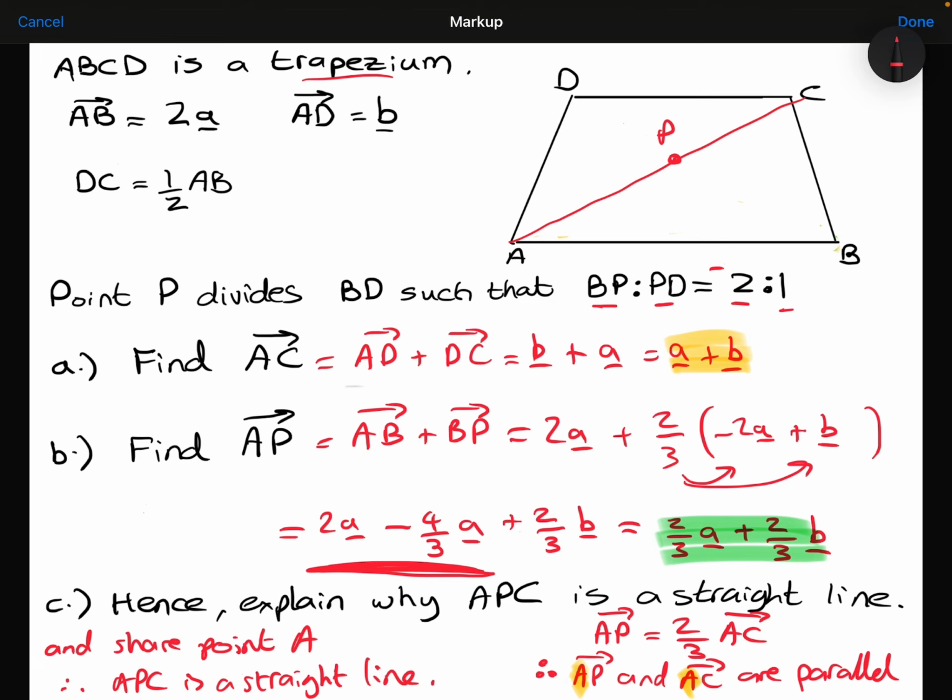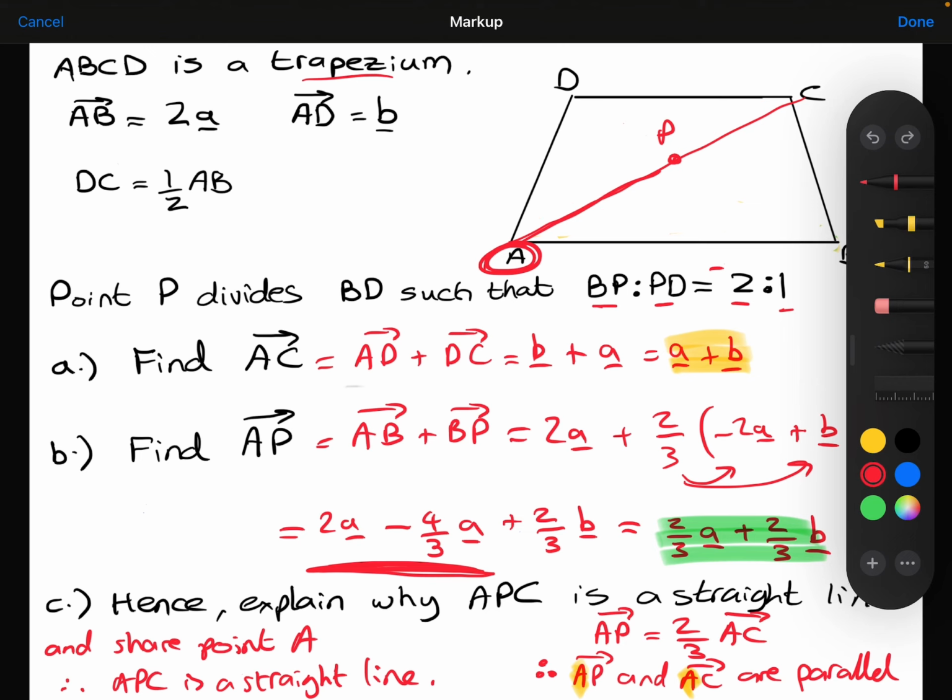So if you are asked to show that something is a straight line, what you need to do is to pick a point. In this case, I picked point A, work out the vector AP, work out the vector AC, and show that they're parallel. Alternatively, that's not the only way you could have done this.